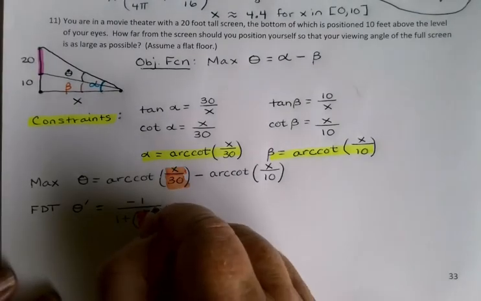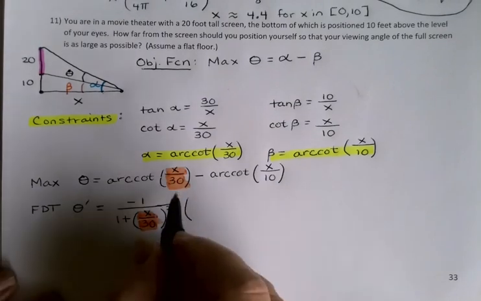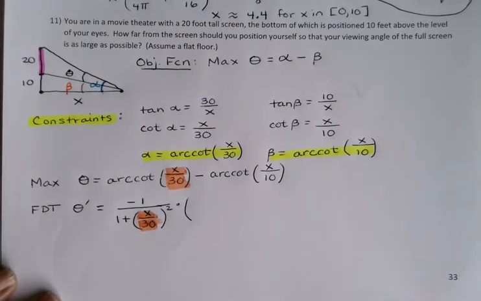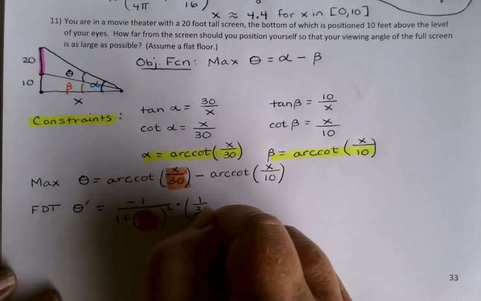I also have to do a chain rule, so we'll multiply this by the derivative of that inner function, which would be 1/30.